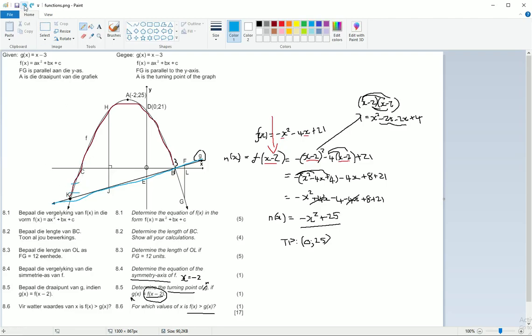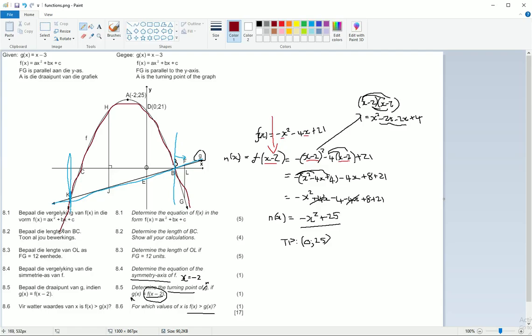Basically, if you see a question like this, it means where is this graph bigger or on top of the other graph. So where is it on top? It's on top from this point all the way up until this point. After this point your parabola, your red line, is below your blue line.